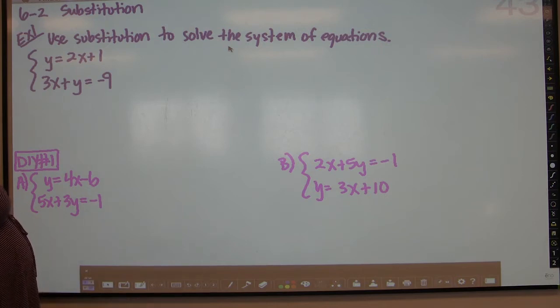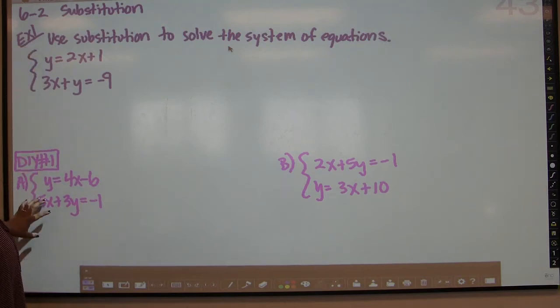One of the first things you have to do is that one of the equations you're given has to be solved for a variable. What I mean by that is that the variable has to be by itself. In this case, the first equation has the y by itself, but in the second, the x and the y are on the same side. So that represents a situation where the variable is not isolated, but the first equation is an example of it being isolated.